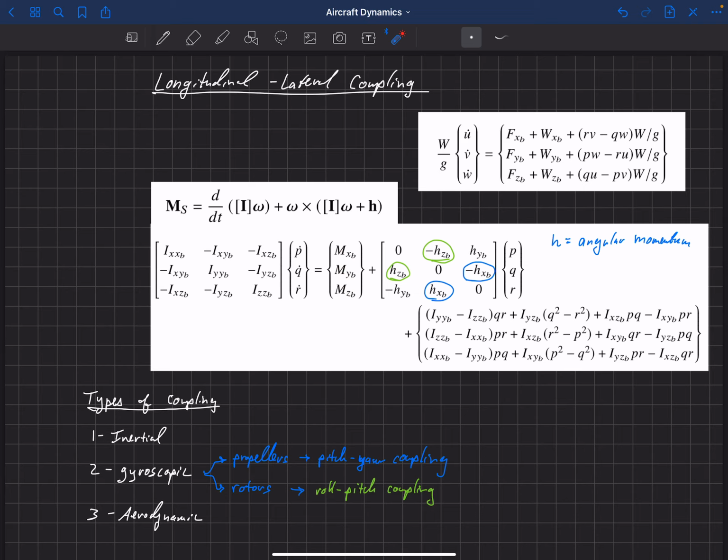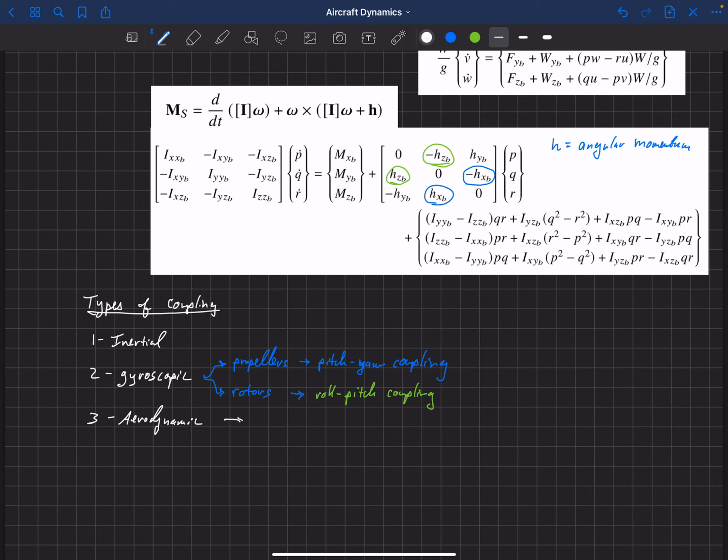These include thrust. And when we evaluated these, we dropped any aerodynamic derivatives that were not symmetric. So let me just write down three common aerodynamic derivatives that are not symmetric that are also commonly non-zero.